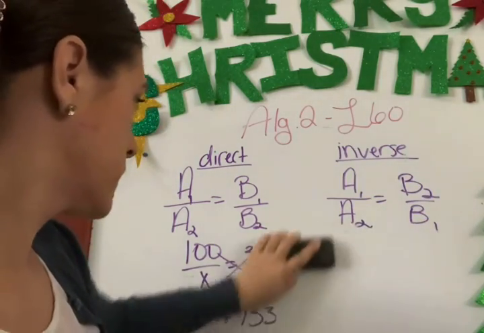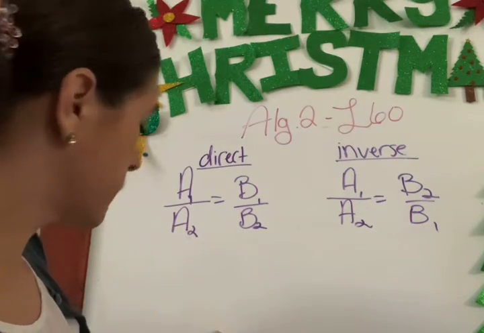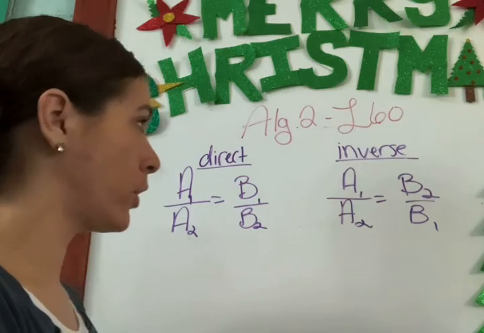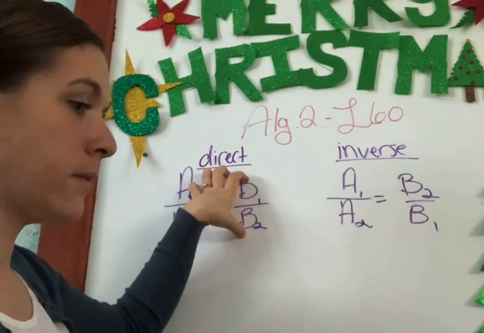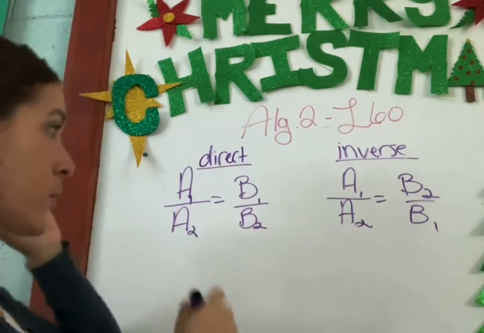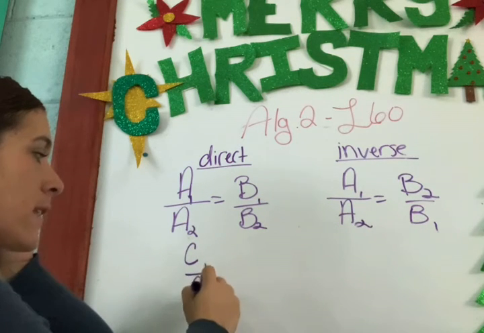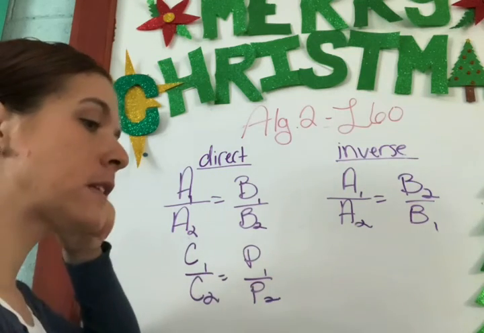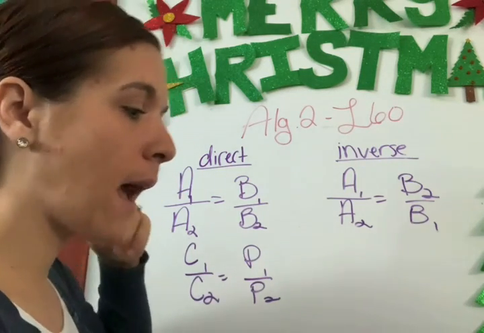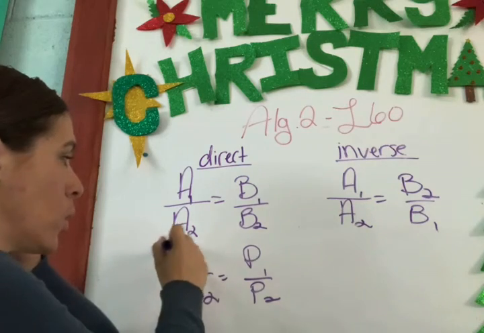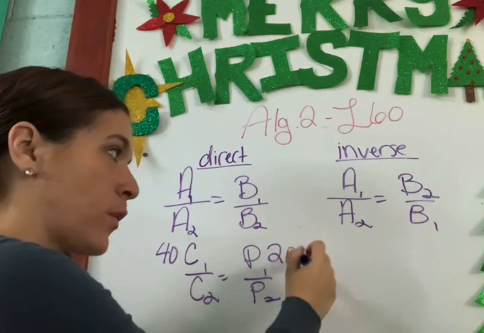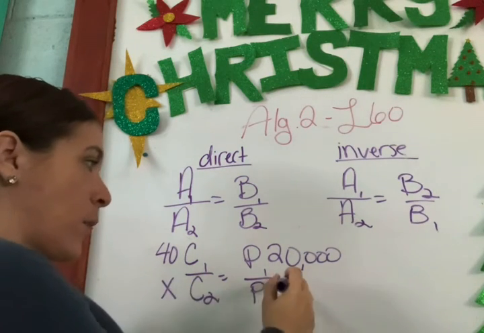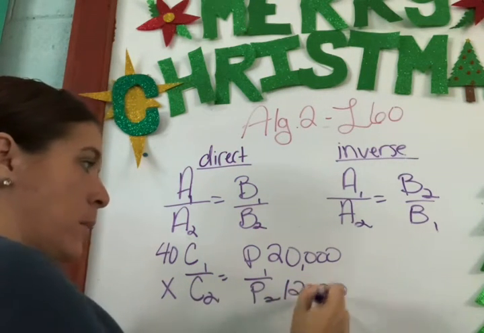Example 3. The number of clowns was directly proportional to the number of performers. Direct, we're on this one. So we're going to have C1 over C2, that's clowns, equals P1 over P2, that's performers. If there were 40 clowns when there were 20,000 performers, how many clowns would there be, that's our X, if there were 12,000 performers?